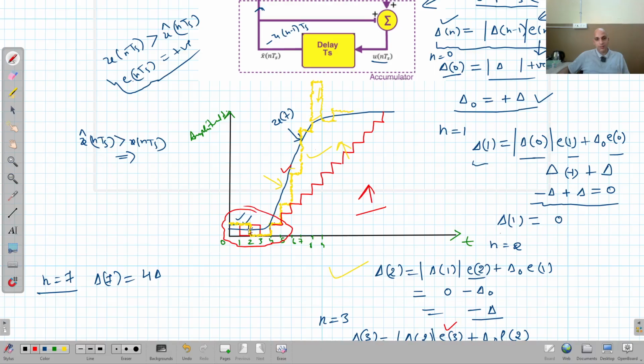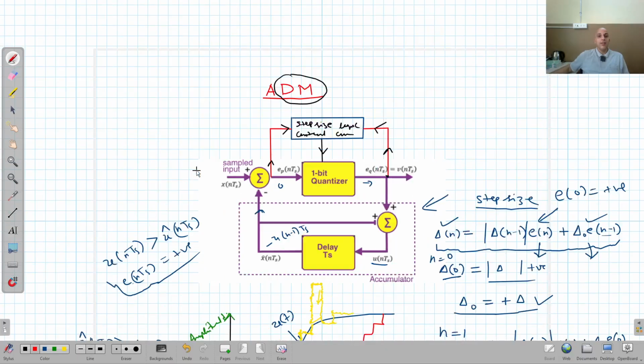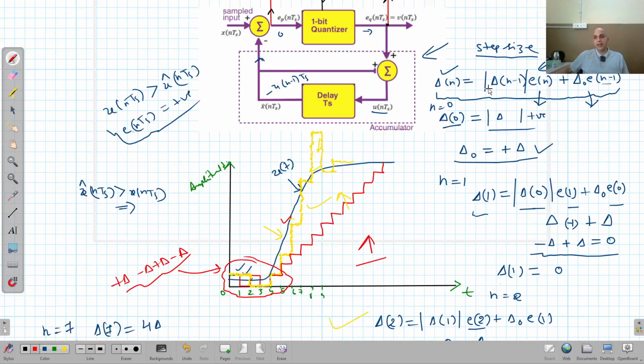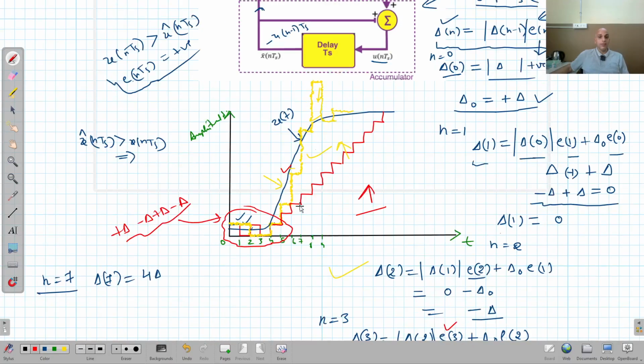Now the plus delta, minus delta, plus delta, minus delta problem is resolved here, whereas the problem of plus delta, plus delta, plus delta, or minus delta is also resolved. So this is the way of working of adaptive delta modulation, and this is the mathematical equation that I utilized for writing down all these waveforms.